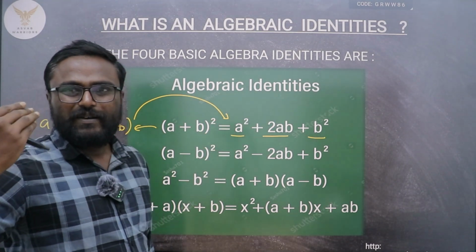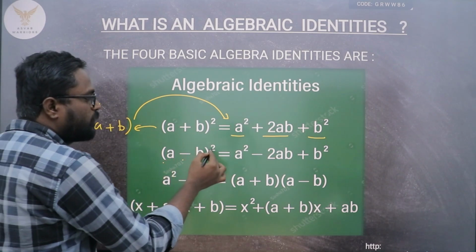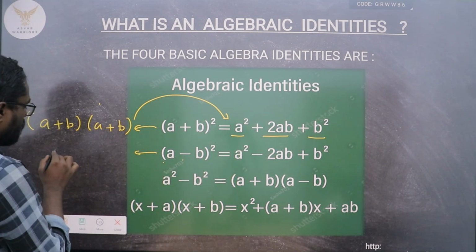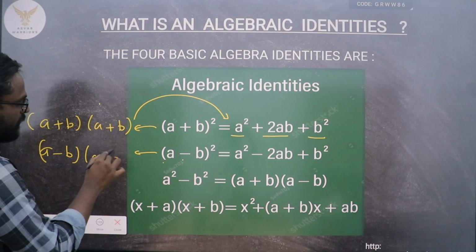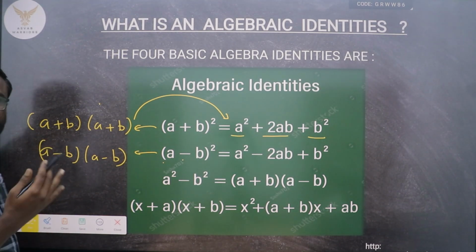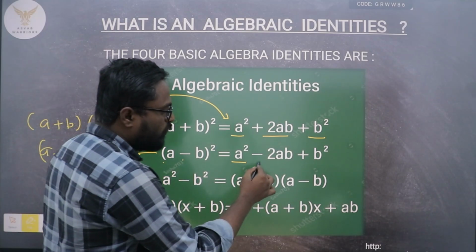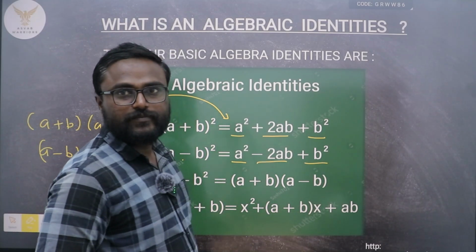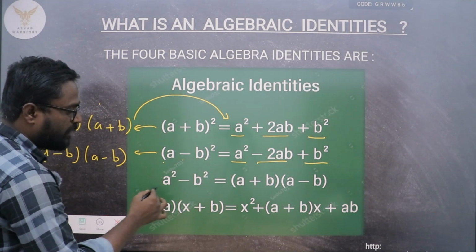But I want you to just learn it by heart. Okay. Now a minus b square also means a minus b times a minus b, which will be equal to a square minus 2ab plus b square. Okay, just remember it.